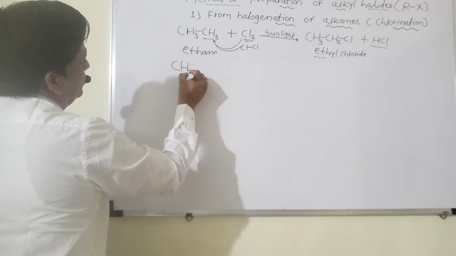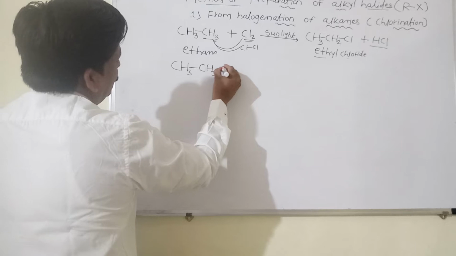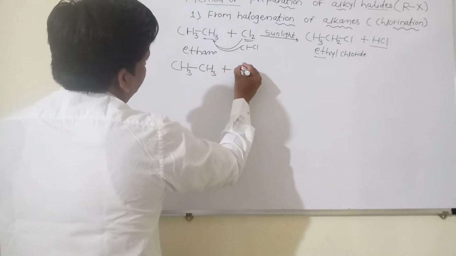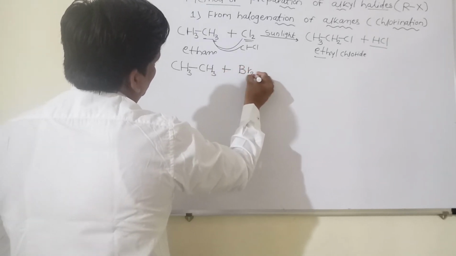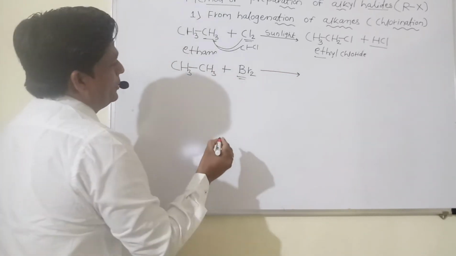Okay, so we see another example, bromination. If we use bromine, CH3 single bond CH3 plus Br2, means the bromine group is there.